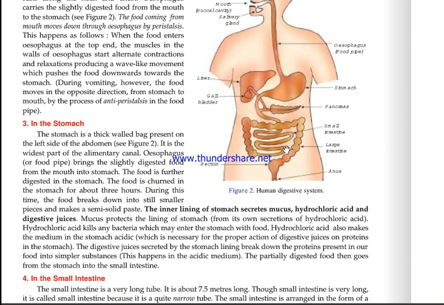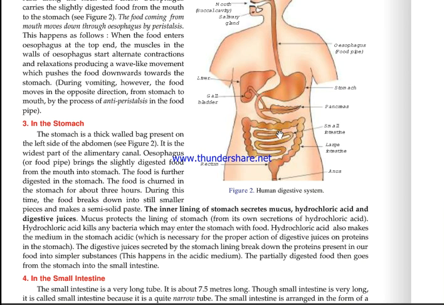These are finger-like cells which provide more surface area, or we can say larger surface area, so that the nutrients present in the food are easily digested, absorbed, and reach our bloodstream from the small intestine.